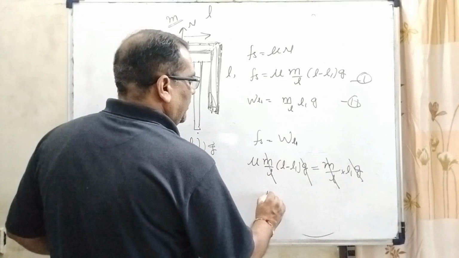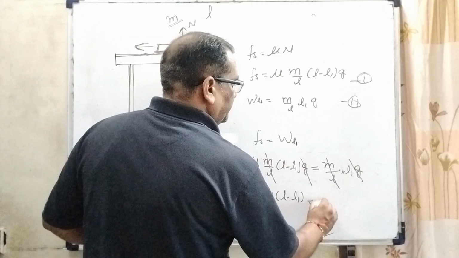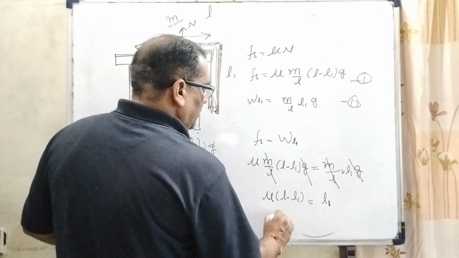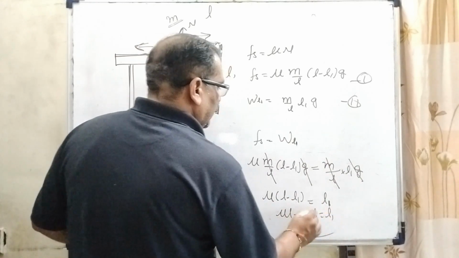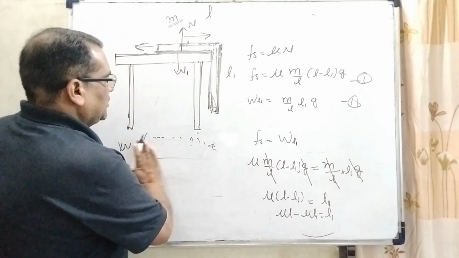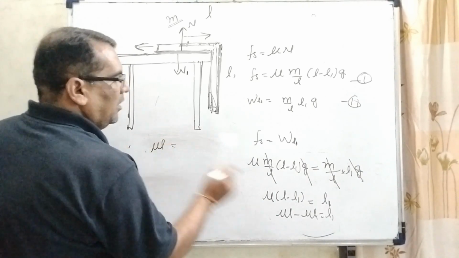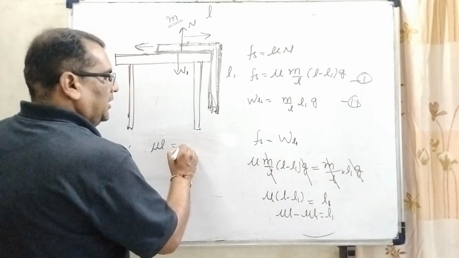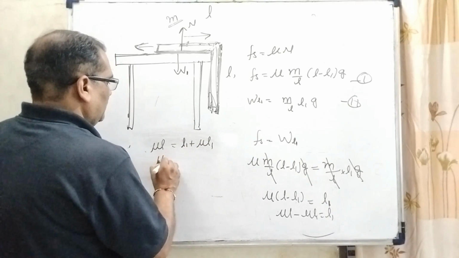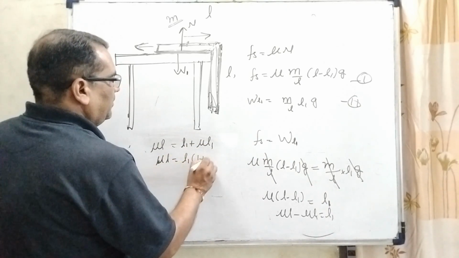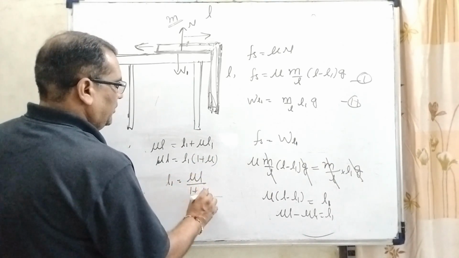So here remaining part mu into L minus L1 equal to L1. Multiply and open the bracket. So now transposing this term, minus mu L1, to the right side, it becomes L1 plus mu L1. Here L1 gets common, 1 plus mu. So L1 equal to mu L upon 1 plus mu.